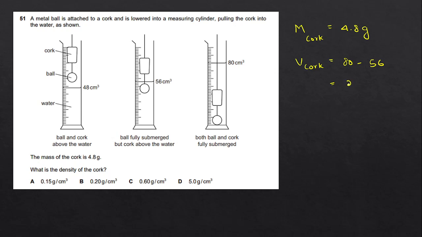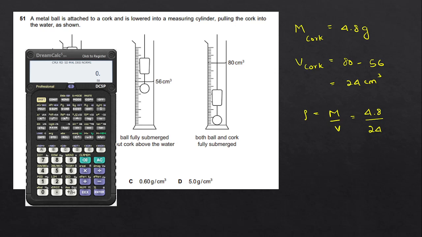That's 24 cm cube. To find the density, we have to use the formula mass over volume. This is 4.8 divided by 24. So we have to open our calculators. So here we'll type 4.8 divided by 24.